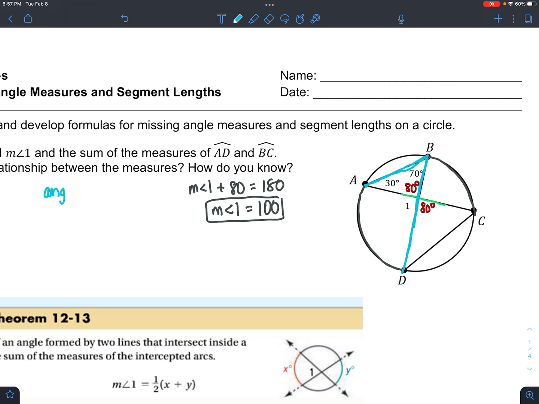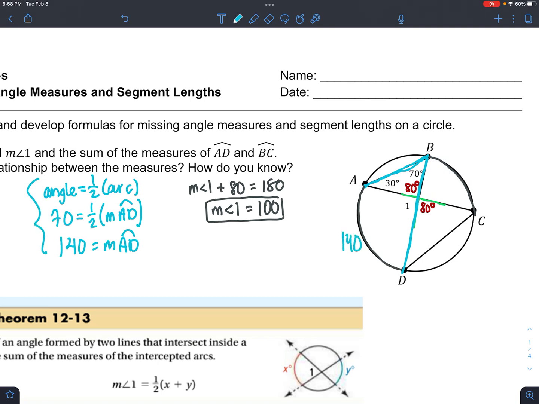So what that means is the angle is 1/2 of the arc, only for inscribed angles. So 70 is going to be 1/2 of the measure of AD as an arc. So that one is 140. So that's a little bit of support why this is 140.